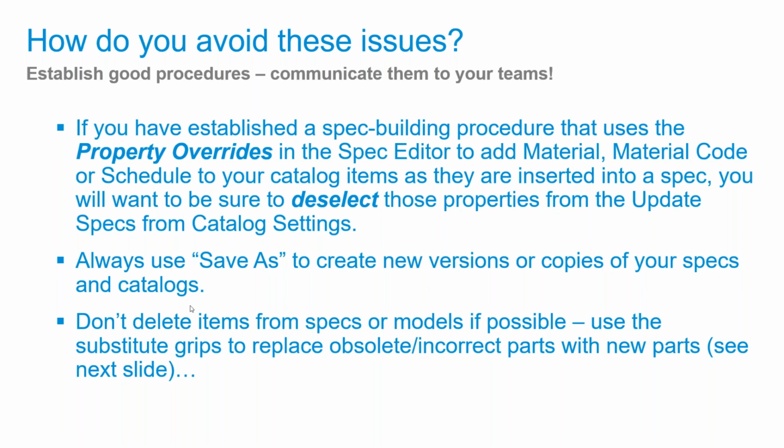Always use save as to create new versions or copies of your specs and catalogs. You will get conflicts if you just create a copy of a catalog or a spec, because the IDs will remain the same for the parts in the spec or in the catalog.